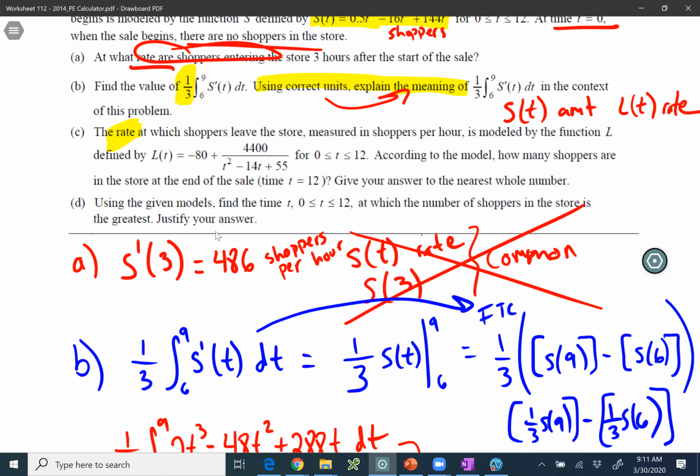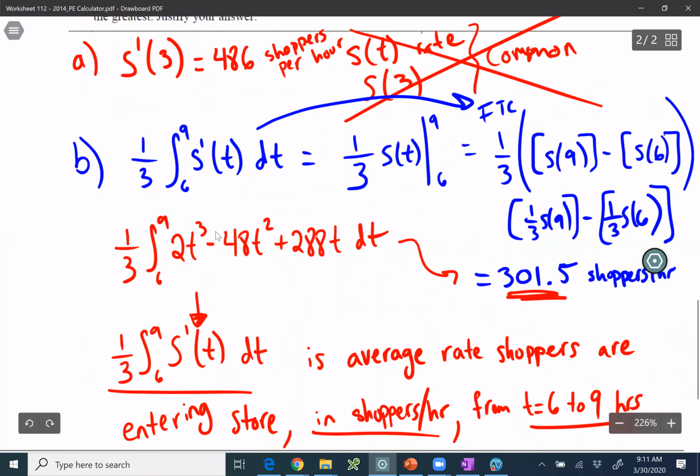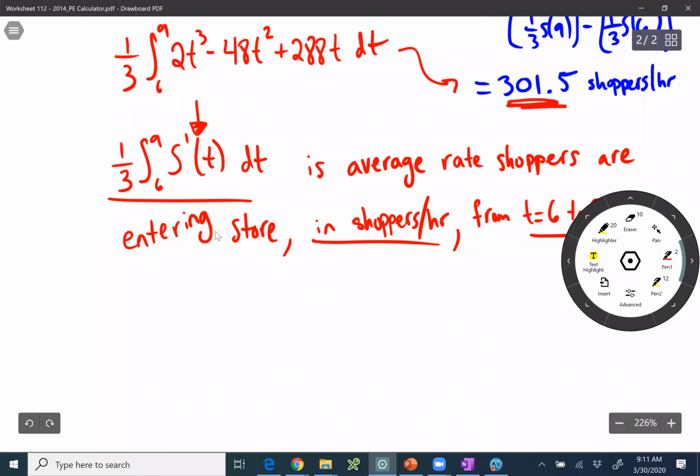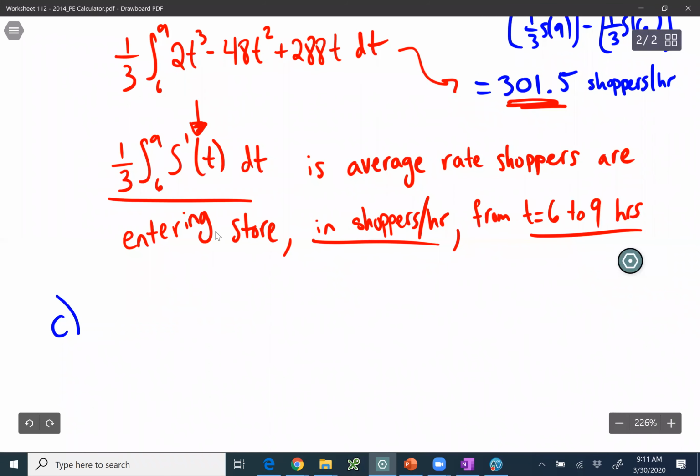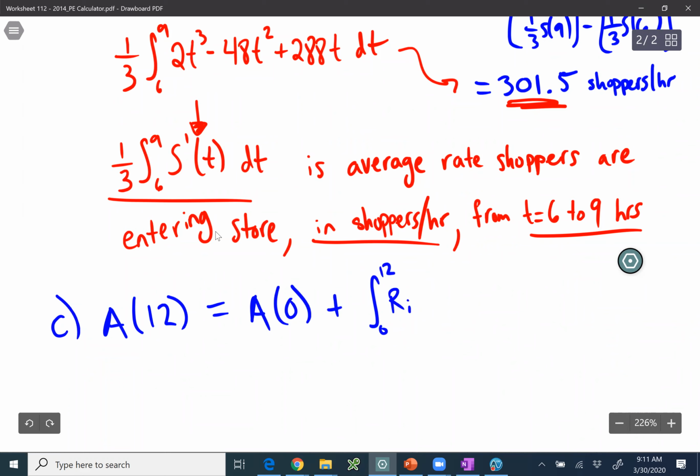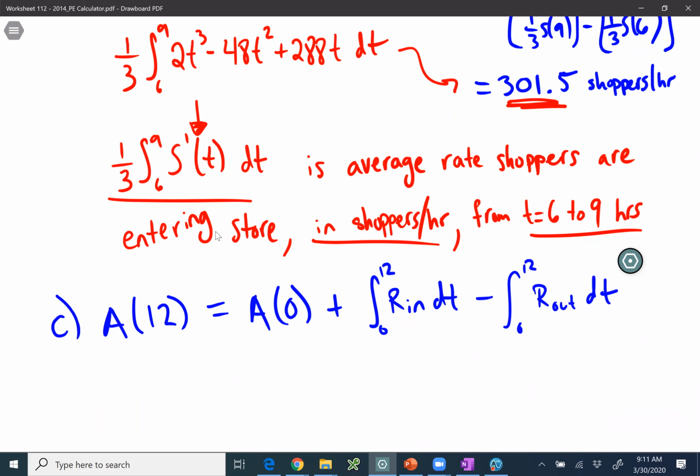So this is kind of interesting, but you can set this up a few different ways. Remember, when we want the total amount, like the amount at time 12, is always equal to the amount at 0 plus the integral from 0 to 12 of the rate in minus the integral from 0 to 12 of the rate out dt. That's our general overarching formula.